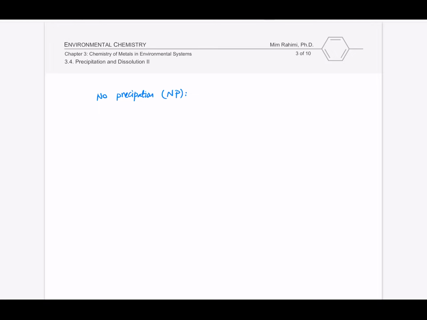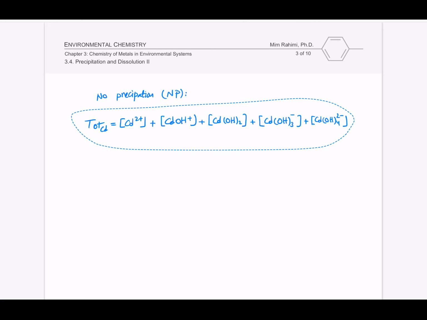Based on the first 2 lectures, we know the total cadmium would be the combination of all the dissolved species of cadmium: cadmium with 1 hydroxide, cadmium with 2, cadmium with 3, and cadmium with 4 hydroxide. That was basically the no precipitation scenario.